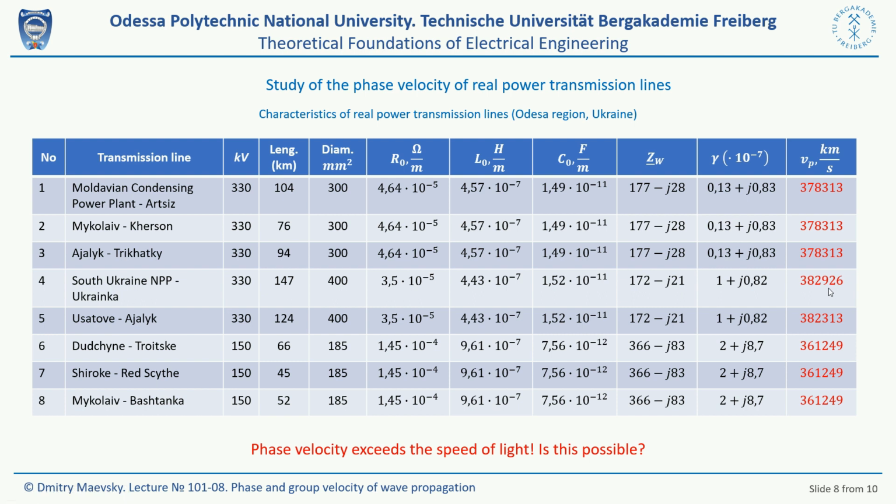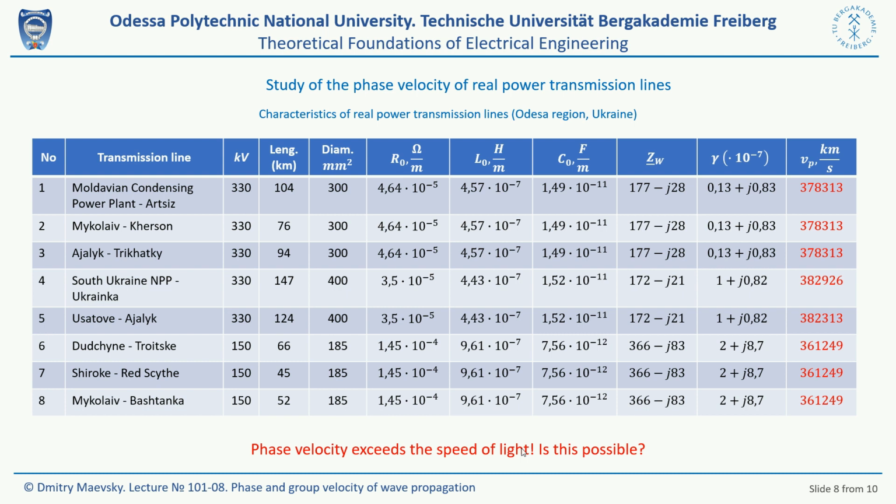But physics teaches that the speed of light is the maximum in nature, and nothing can not only move faster than light, but even reach it. Maybe there is an error somewhere. Please check the calculations.